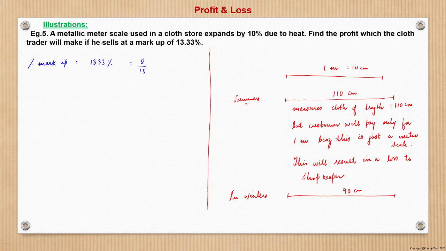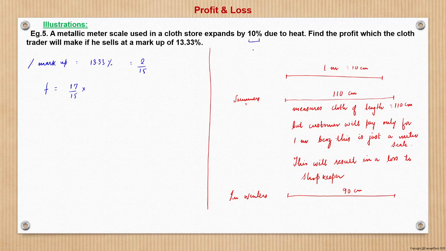Find the profit which the cloth trader would make. So net profit factor will be what? Net profit factor will be the markup factor, which is 1 plus 2 by 15, which is 17 by 15, into the length factor because of the meter scale, and here it is 10%, expands by 10%.